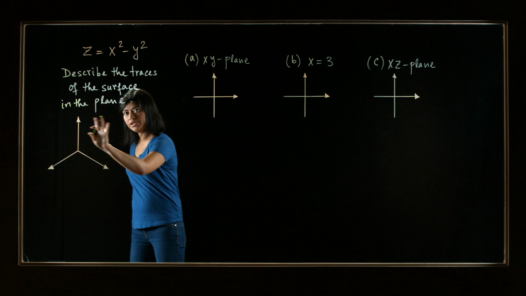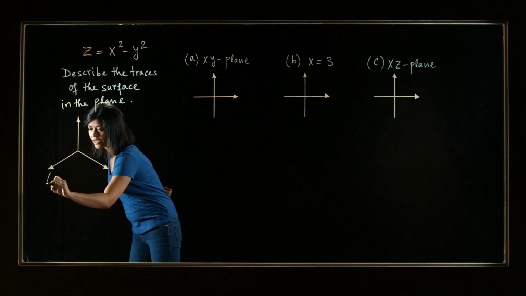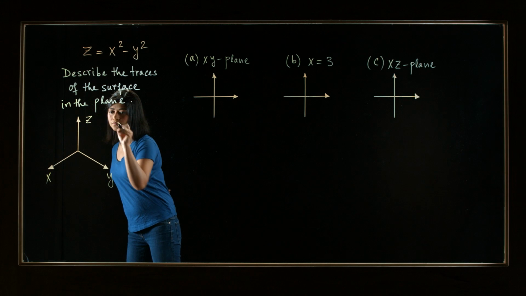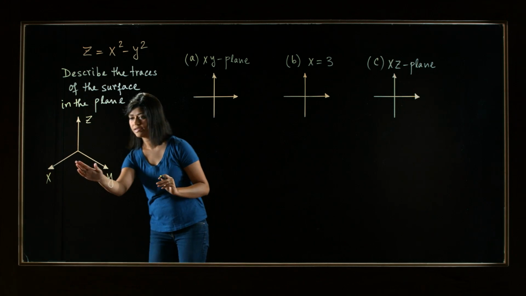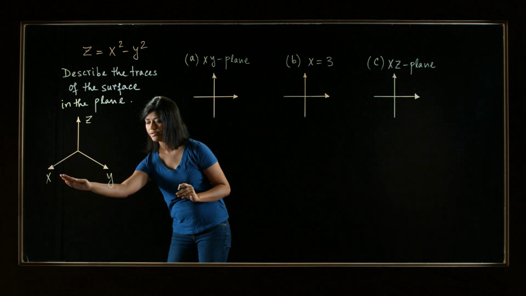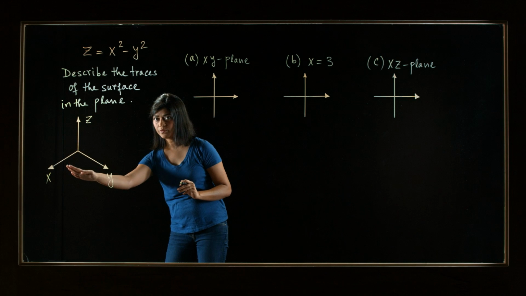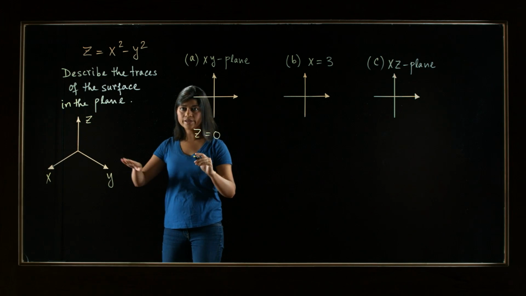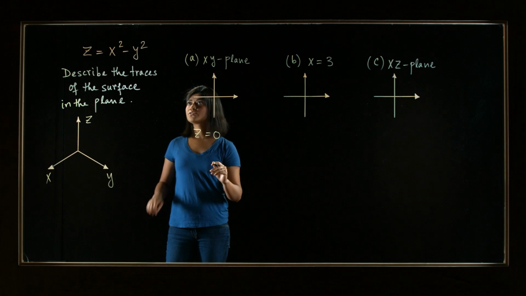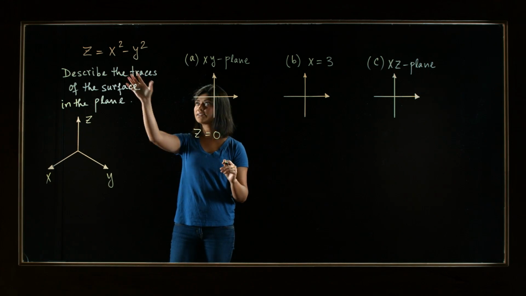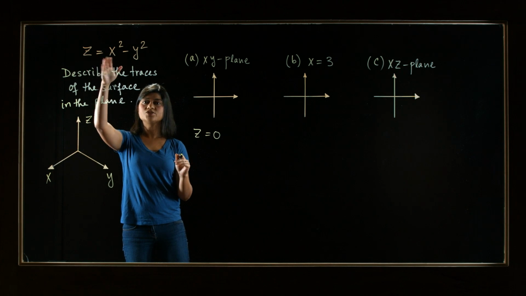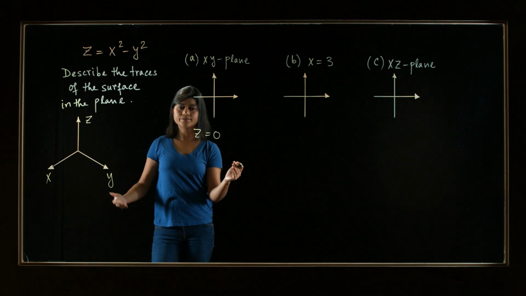If you look in the 3D picture, here is say x, this is our y, this is our z. The xy plane means this plane in the bottom, right? So remember what happens on the xy plane? z is 0 on that plane. All we have to do to figure out the trace is plug in z equals 0 in the equation and then solve and see what kind of curve we get.